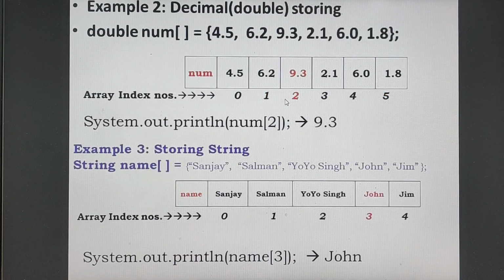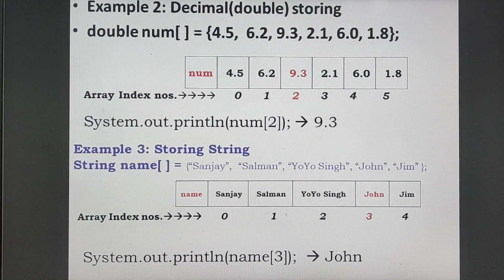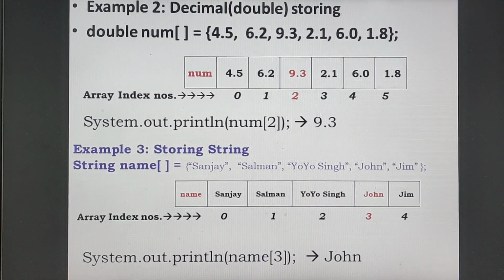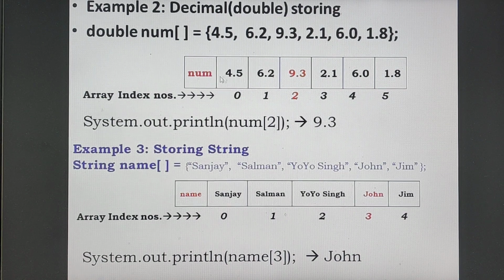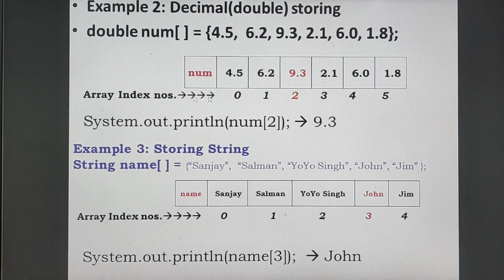Now suppose it is a decimal value, then I will say double, which is my data type. The variable name may differ from program to program, but here I have taken the same, and I have taken 4.5, 6.2, 9.3, and so on, all the values. Then when I run this program and the line is read, inside the memory the computer will store it like this: variable num having all the values, the first in the first cell, the next in the next, and the last in the last, along with the array index numbers.